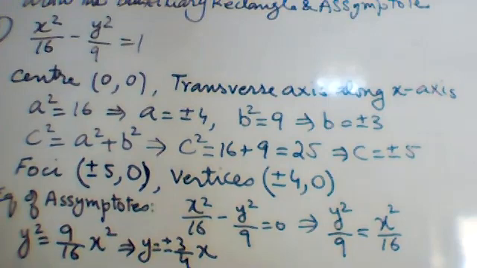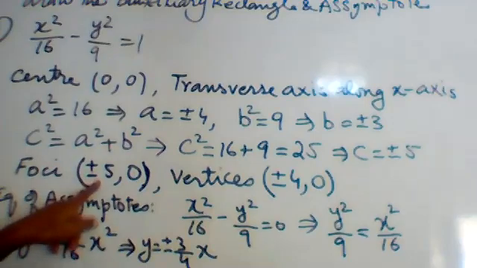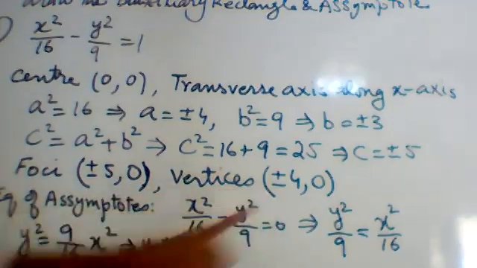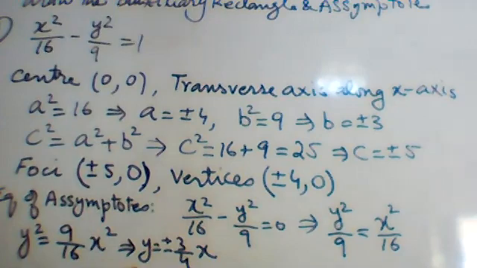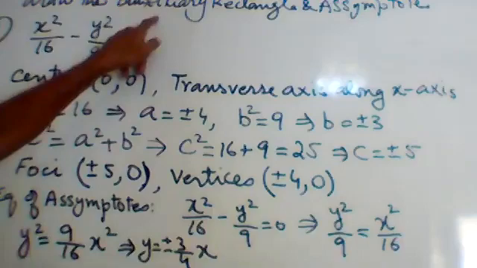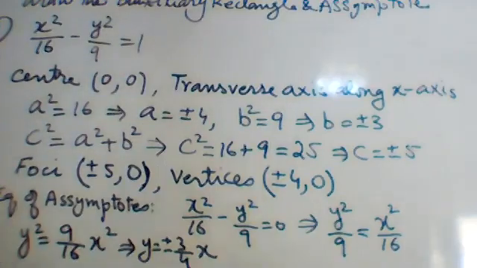So these are the foci, these are the vertices, and this is the equation of the asymptotes. Now we have to draw the hyperbola as well as the auxiliary rectangle and the asymptotes.